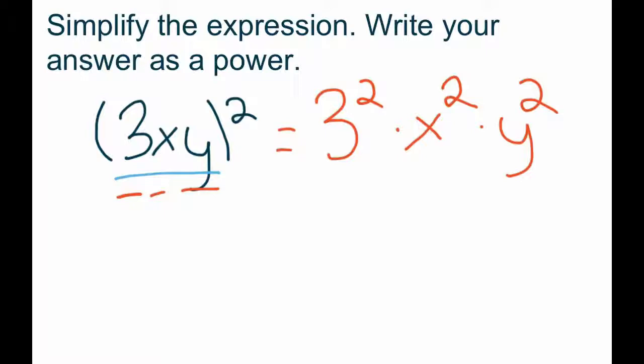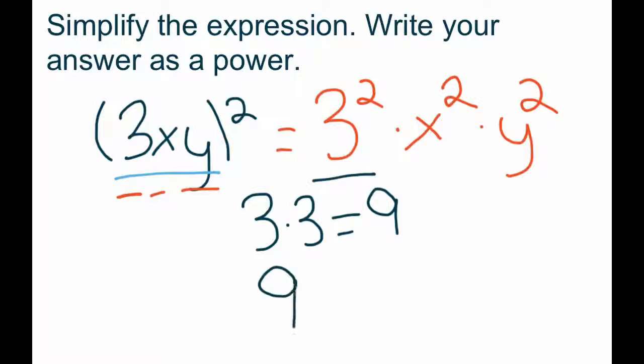Now, 3 squared is the same as 3 multiplied by 3, which equals 9. And x squared stays as x squared, and y squared stays as y squared. So instead of writing 3, we would now write 9, and we would rewrite x squared and y squared. And this would be our final answer.